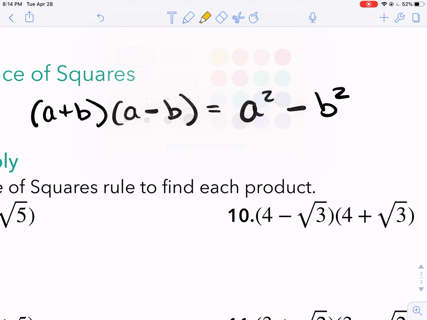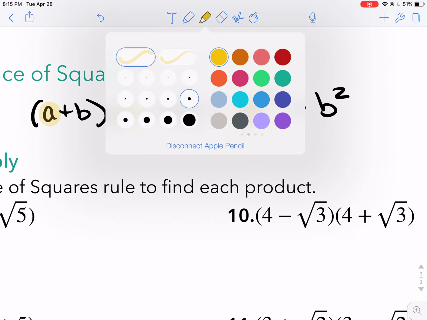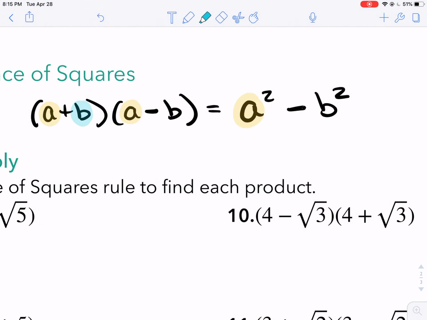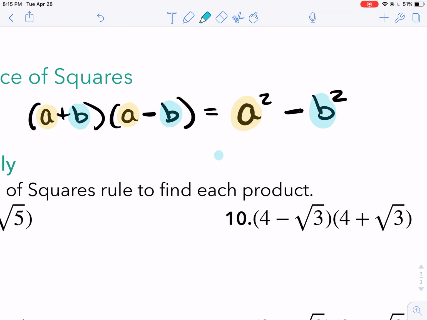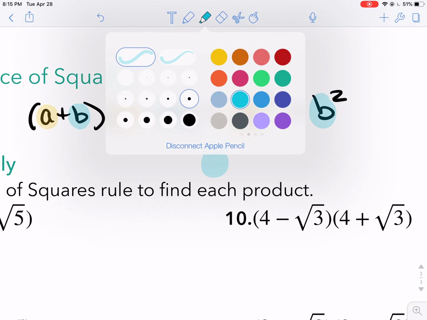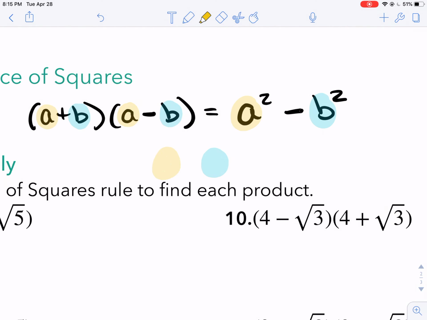Again, if you have some number a plus b and then a minus b, that's a squared minus b squared. So if the numbers are the same, you have a and b, then you're going to keep a and b, but they're the difference of squares. So we'll follow the pattern of whatever a is squared minus whatever b is squared.